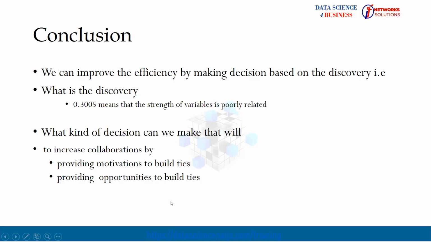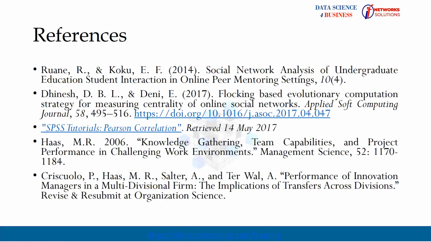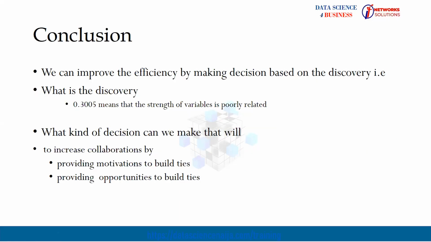Maybe you want to provide motivations to build collaborations because you have seen that they need more collaboration, or you want to provide opportunity to build more ties, which will now help us to have a lot of productivity going on there. So that's how we conclude the journey of trying to improve efficiency of employees and so on and so forth.